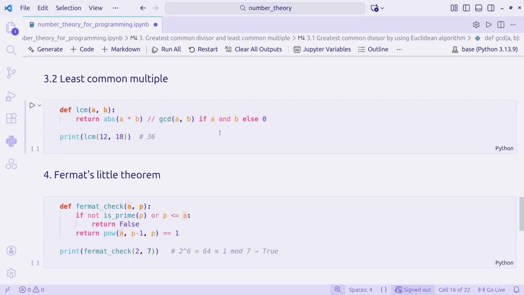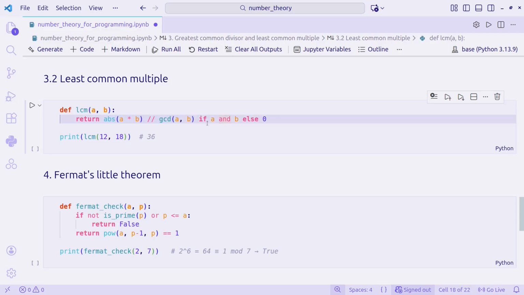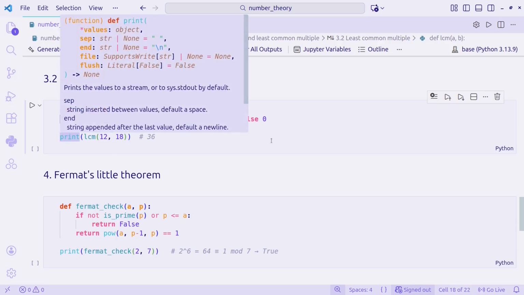Here we can go to the least common multiple. We can use the definition of the least common multiple by using the GCD. So the absolute value of A times B is going to be divided by the GCD to see the quotient if A and B are both larger than 0, okay? So I have to use this part here to check for the sign of A and B. If A and B are both positive, then the LCM can really be defined and it will be output to the display, okay?